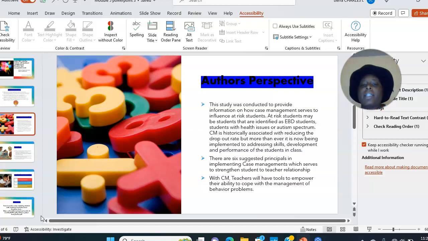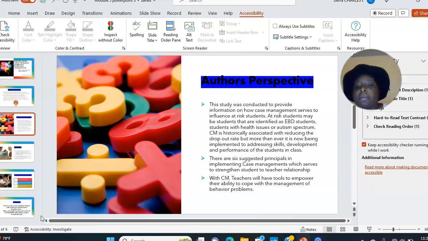A lot of times, teachers cannot implement case management or they don't know how to implement case management. They don't understand the principles, or a lot of teachers may have never even heard of case management being used in education.